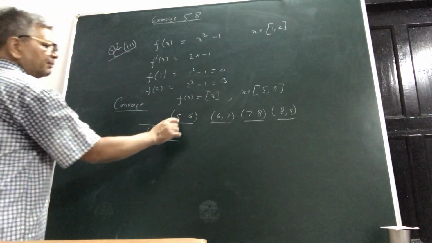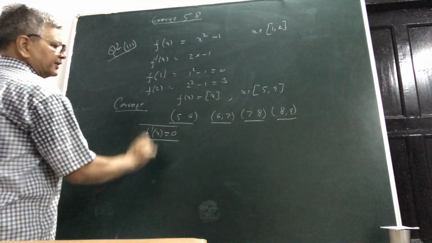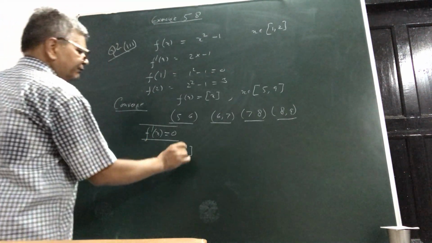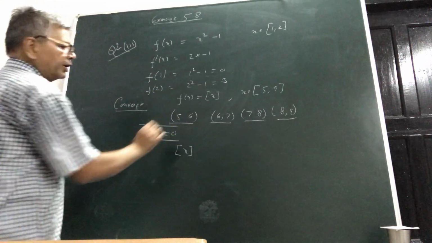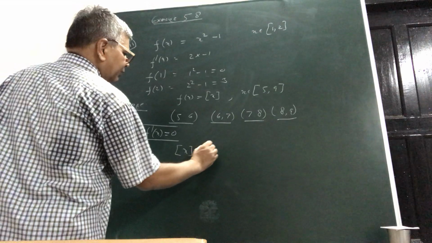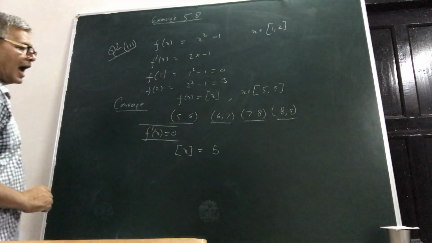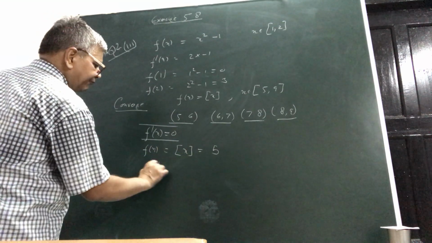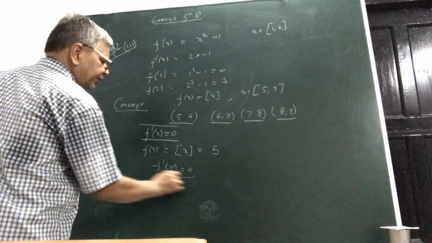For the obvious reason: suppose you are taking the interval 5 to 6, then when x belongs to the open interval 5 to 6, the greatest integer function will always be equal to 5. Therefore f(x) is a constant function, and f dash x of a constant function, you know, is 0.